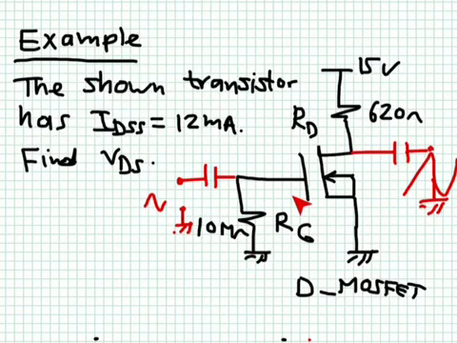Then the gate must be at 0 potential. This means that the VGS is equal to 0 because the source is also grounded. This means that the current flowing ID, which is flowing in the drain through the source, will be equal to 12 milliampere. So now we know what the current is. Now we can get VDS. It's one line. It's 15 minus IDSS multiplied by 620 ohms.